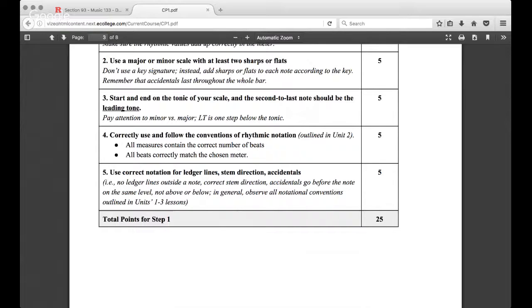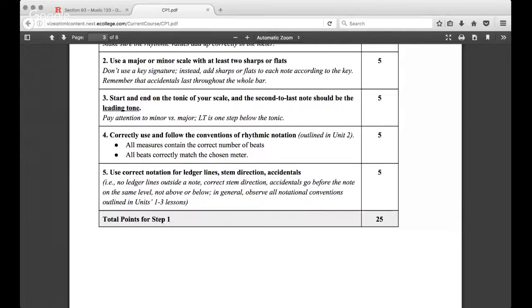You have to put the ledger lines in the right place. The stem directions have to point the right way. The accidentals have to be in front of the note on a level with it. We see a lot of accidentals floating in space. So just go back to the lessons, take a look at the examples, and make sure that your score looks the same and follows the same rules.